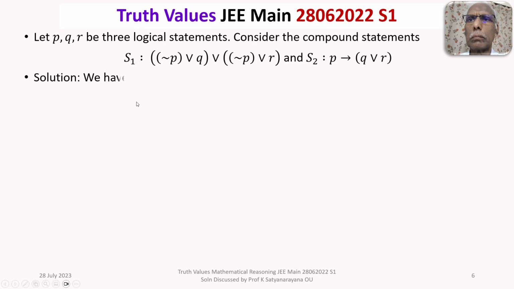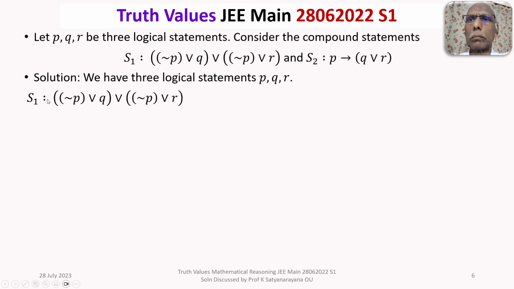We now discuss the solution of the problem. We have three logical statements, P, Q, R, and we are given two compound statements, S1 and S2. First, we consider S1 given by, in brackets, negation of P, R, Q, or, in brackets, negation of P, R, R. We write down equivalent statements by using the properties of Boolean algebra.